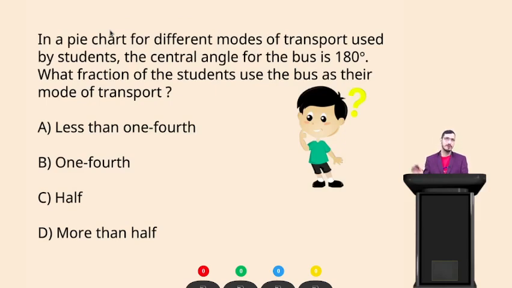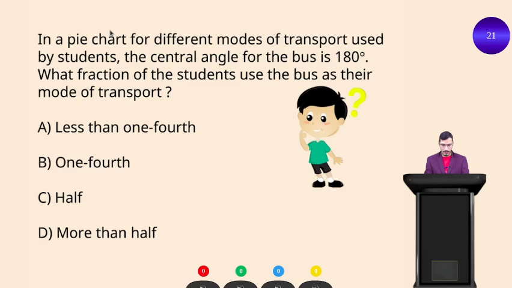Okay students, now it's question time. In a pie chart for different modes of transport used by students, the central angle for the bus is 180 degree. What fraction of the students use the bus as their mode of transport? And I am giving you 30 seconds. Less than 1/4, half and more than half.